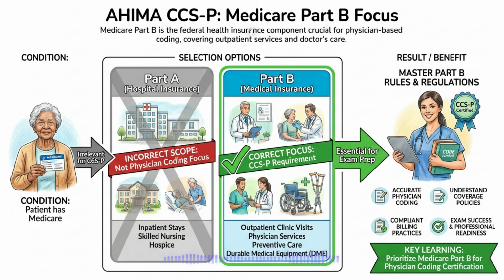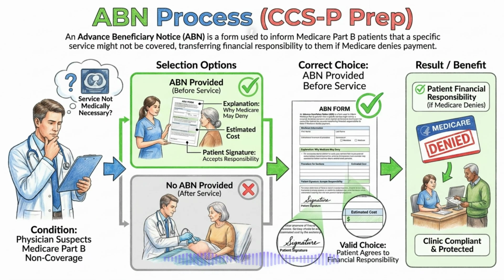Part B covers outpatient clinic visits, physician services, preventive care, and durable medical equipment. Since you are studying for a physician-based coding certification, you must be intimately familiar with the rules, regulations, and coverage policies of Medicare Part B.